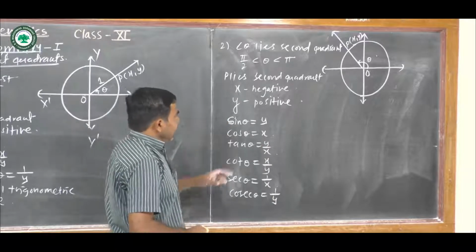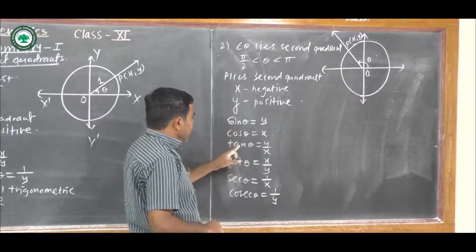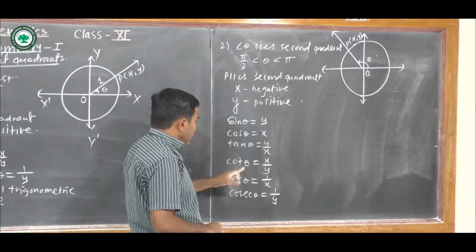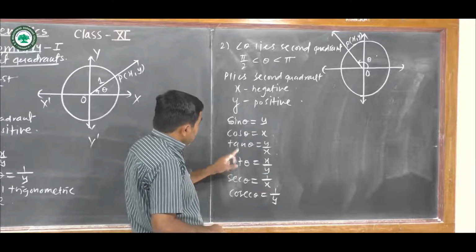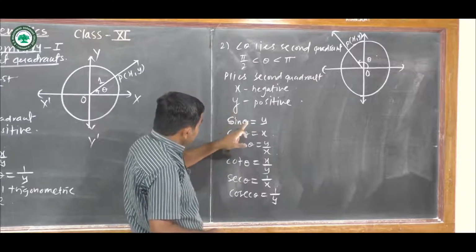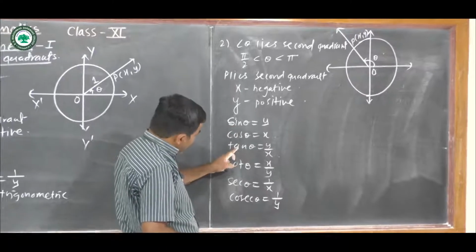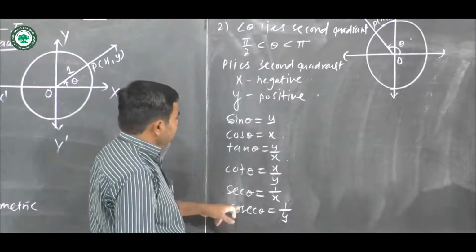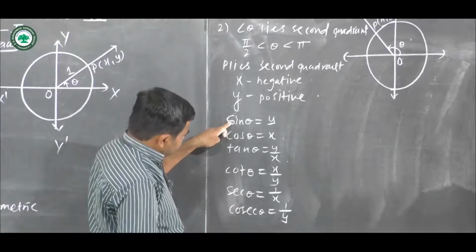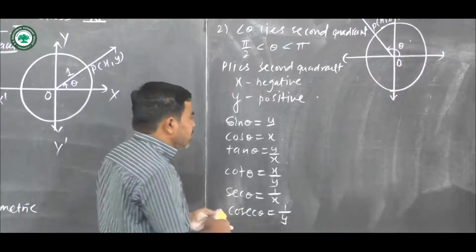So see, in second quadrant x is negative and y is positive, so only sine and cosec are positive.